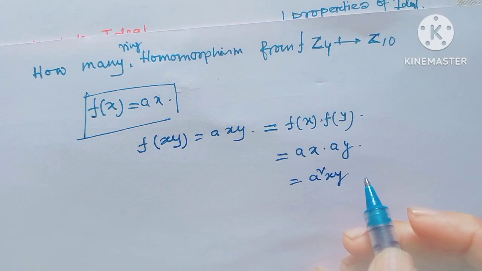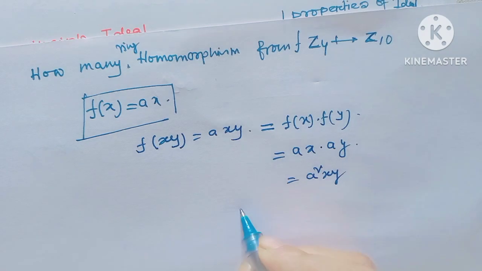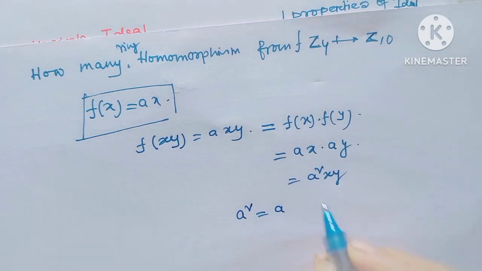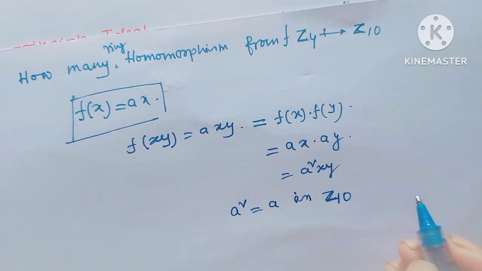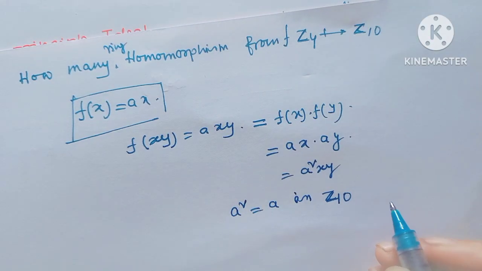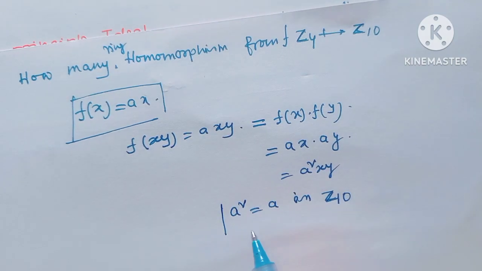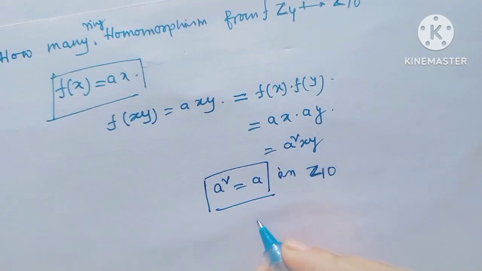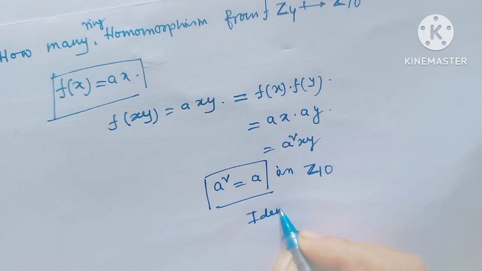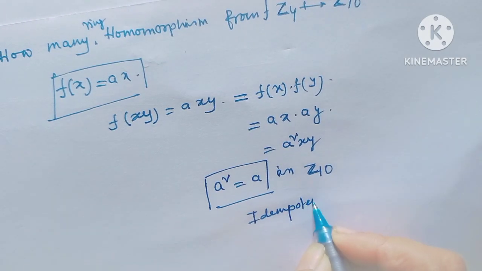That means when a squared equals a in Z10, then this ring homomorphism is possible. And all of us know, when a squared equals a, then this element is called an idempotent element in the ring.